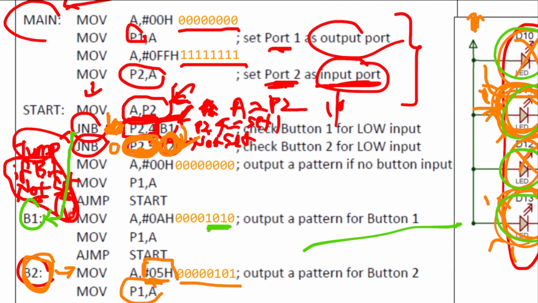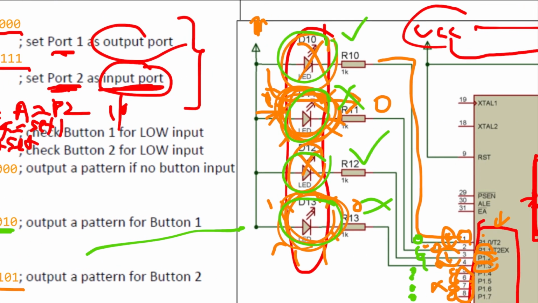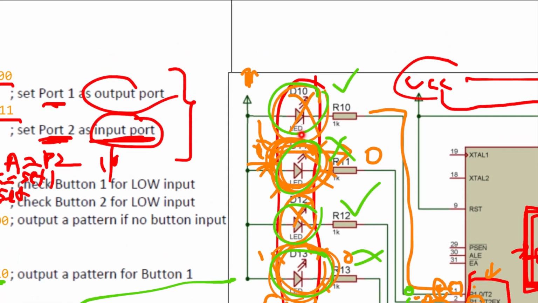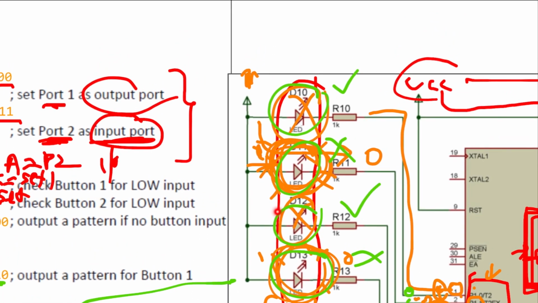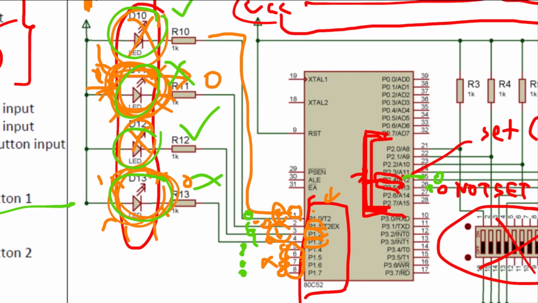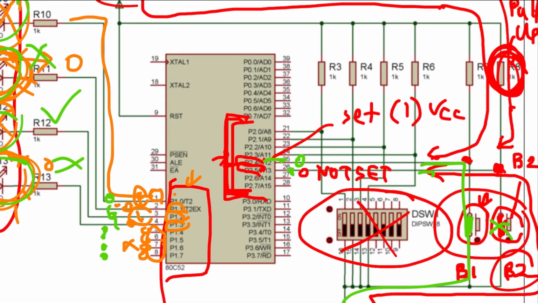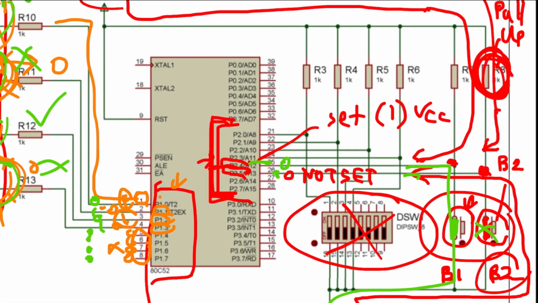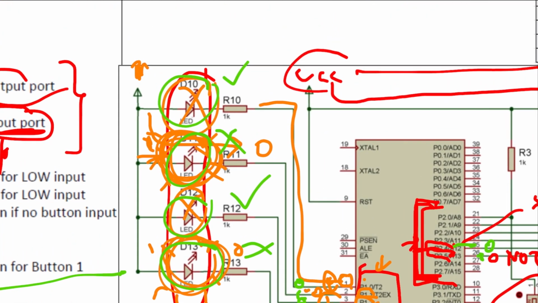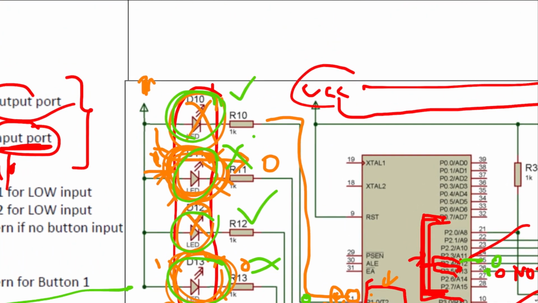So this program just keeps looping and checking for the input of button 1 and button 2. Depending on the input, if both buttons are not pushed down, all LEDs will light up. If button B1, which is connected to port 2.4, is pushed down, then this LED will light up.